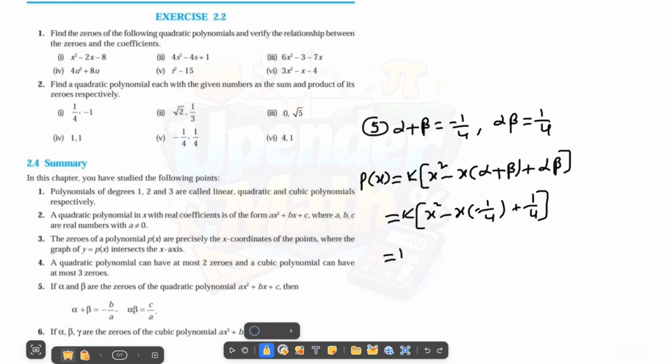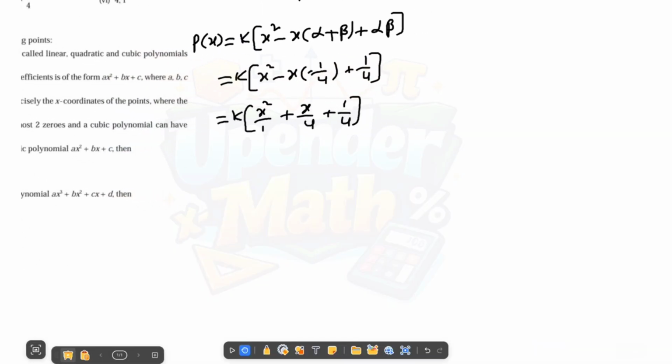Now k of x square can be written as x square by 1. It has no denominator. Next, minus x into minus 1 by 4 is equal to plus x by 4, plus 1 by 4. Now multiply k of x square by 1 with 4 by 4 to make all denominators equal, plus x by 4 as it is, plus 1 by 4 as it is.